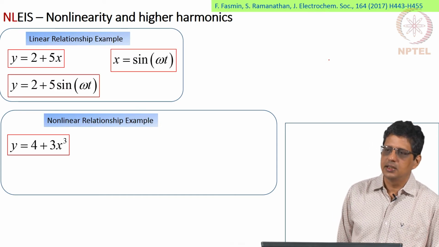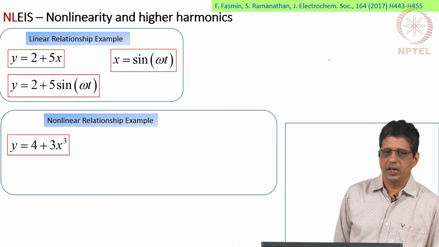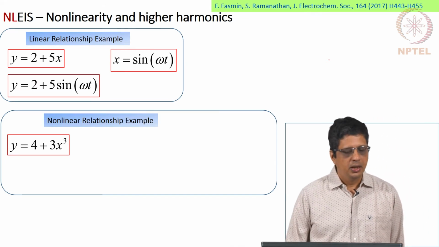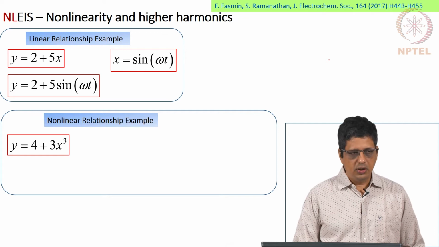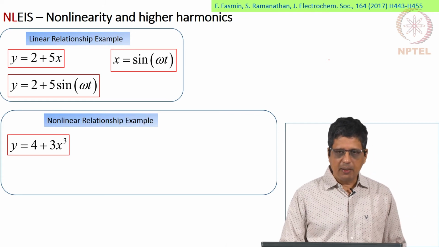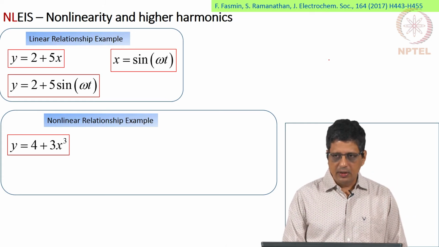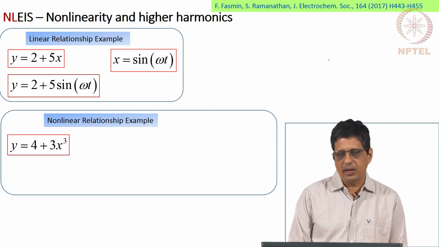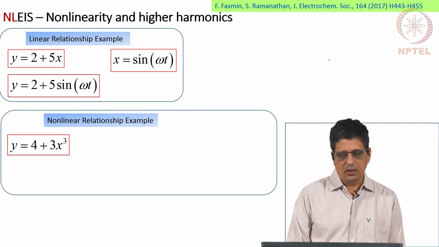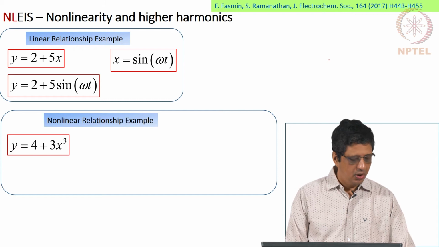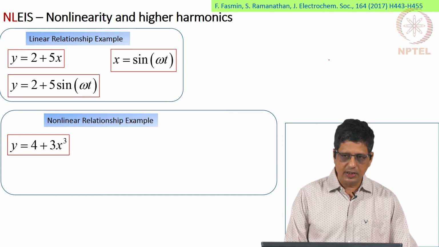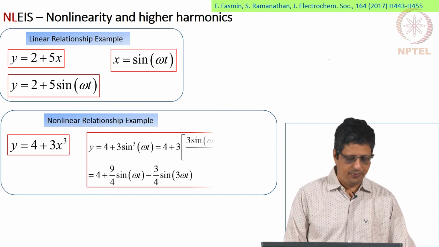And let us say x is replaced with sine omega t. Y is going to give you a sine omega t, that means if I apply a potential which is a sine wave, the current response here given by y is also a sine wave. What happens when I look at an expression which has a nonlinear relationship?